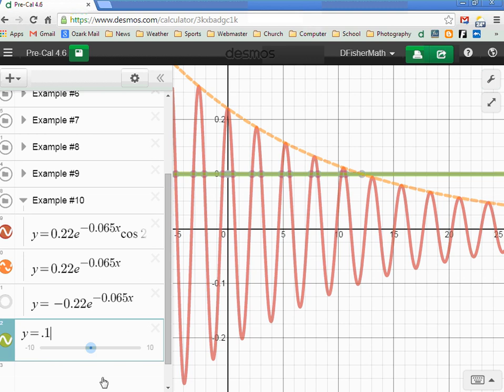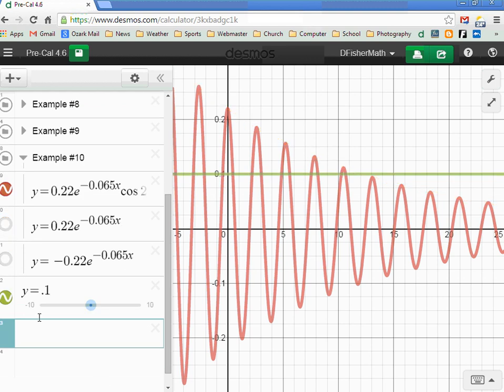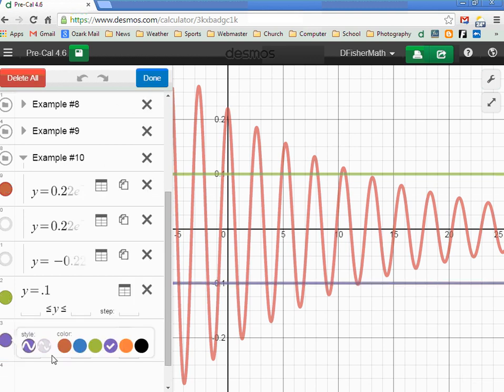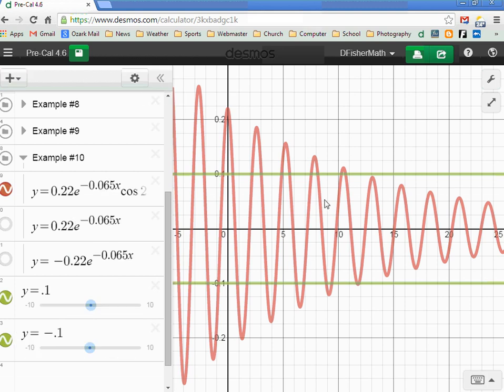There's that boundary. And y equals -0.1. So where am I going to be oscillating between those two? Now I'm just going to make them the same color, and let's leave them solid. All right. So where am I oscillating?